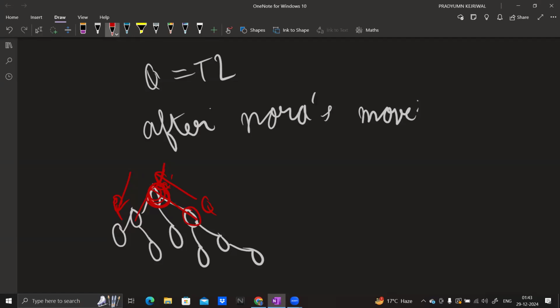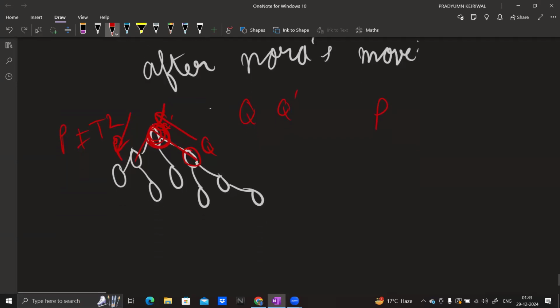But also we want that P should not be type 2, because if it is type 2, then Nora will just move once and she will win before Aaron gets a chance. So let's just call this new node Q dash. We have the two endpoints as Q and P, and let's call this next node Q dash.